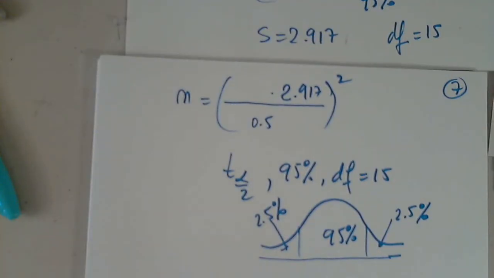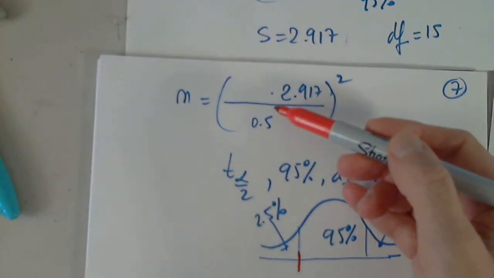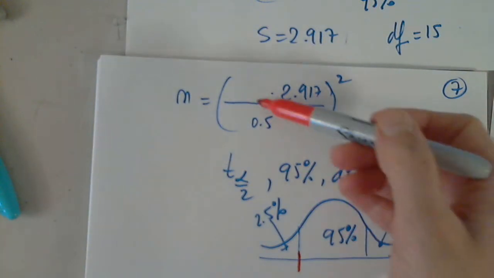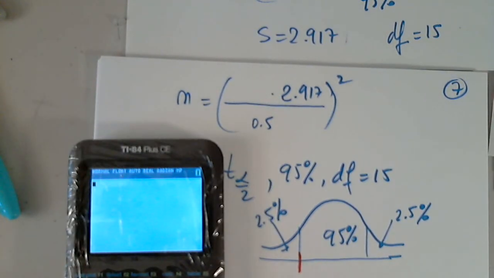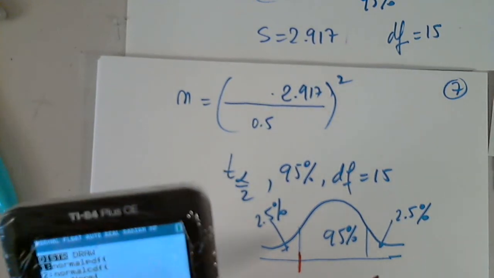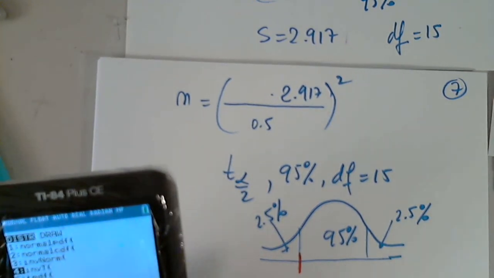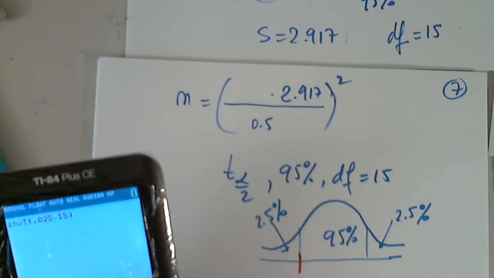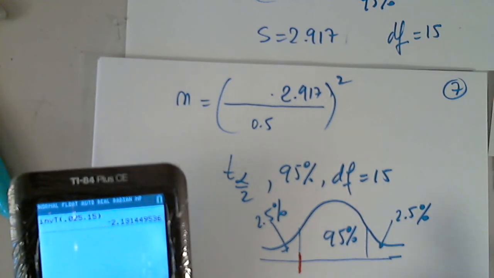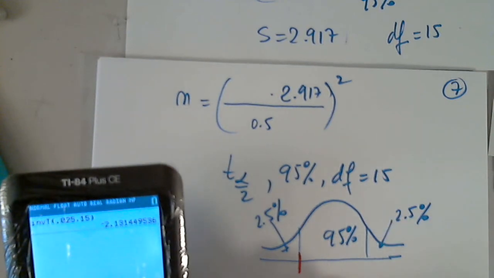Of course, it will be negative, but it doesn't matter. I'm going to square it, so I would use the positive. So with StatCrunch, inverse T, the area to the left is that, and 15, and yes. I remember, it was right here, under my nose.